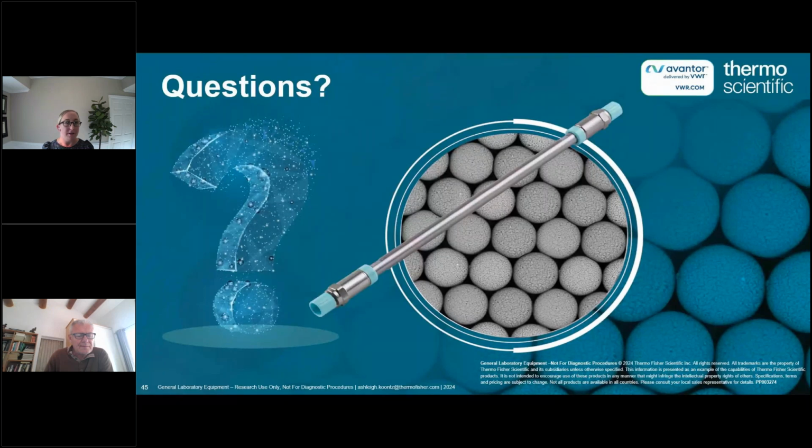The column constitutes the largest surface area within the instrument flow path, and that inertness is important for several reasons. Many biomolecules are known to be sensitive to metals, such as nucleic acids, oligos, and some other biomolecules.